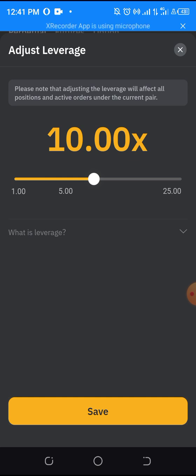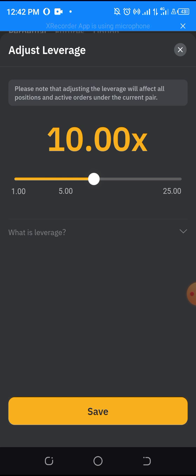If you use 10x leverage, it means you have made 20% times 10, that is 200% on that iPhone sold. That means you have made 20,000 naira times 10, so 200,000 naira on that trade. That is the same thing as leverage in cryptocurrency.